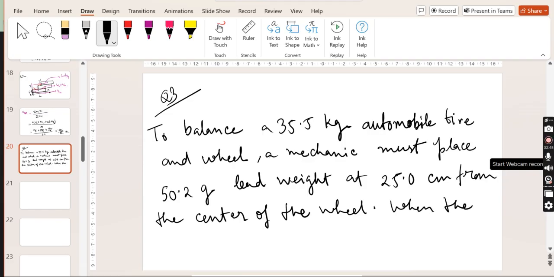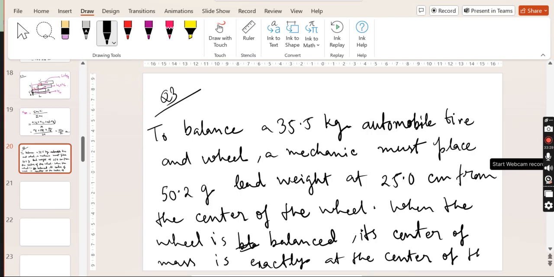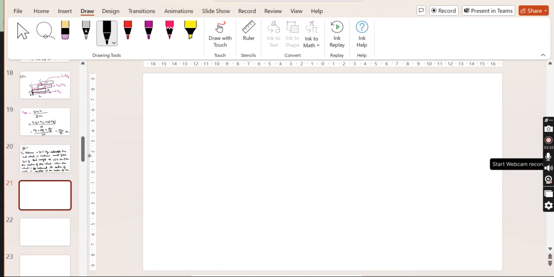When the wheel is balanced, its center of mass is exactly at the center of the wheel.